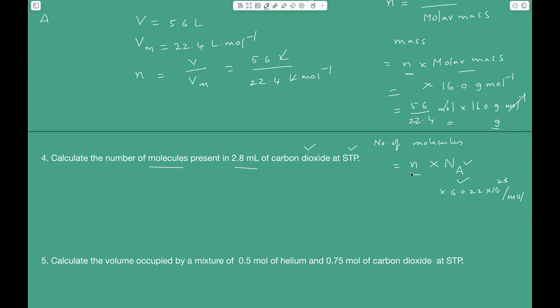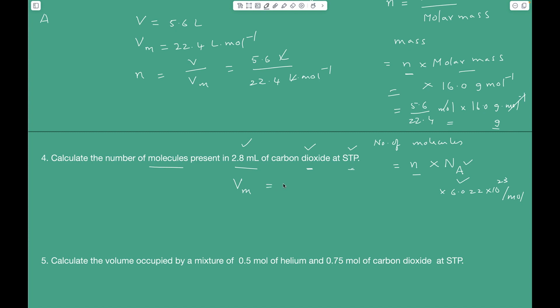But we are not given the amount of substance in the question. Instead, we are given the volume of the gas at STP. So from this information, you have to figure out the amount of substance. How do you do that? You can do that using the molar volume of a gas at STP.